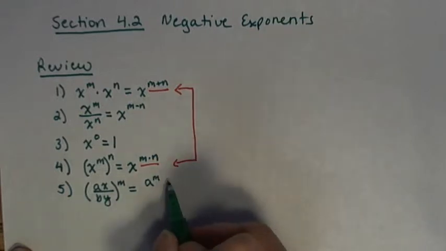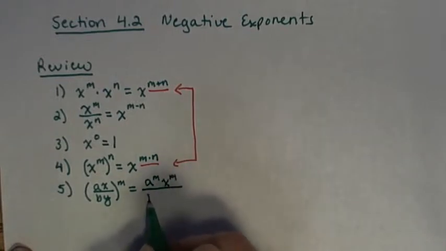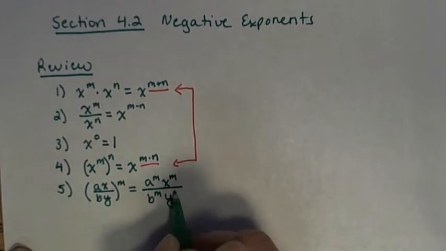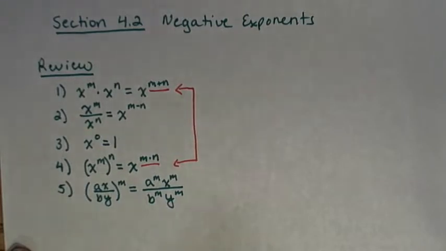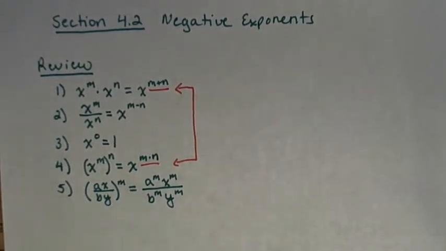So I would have a to the m, x to the m, over b to the m, y to the m. So those were the 5 rules that we took a look at in the last section.